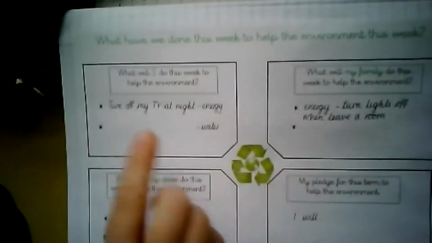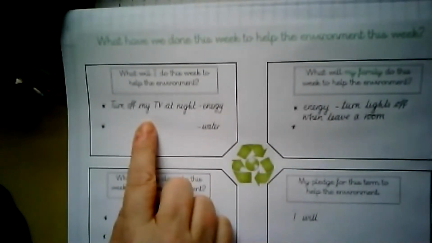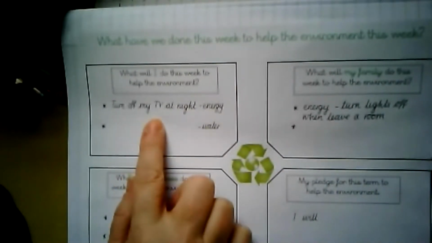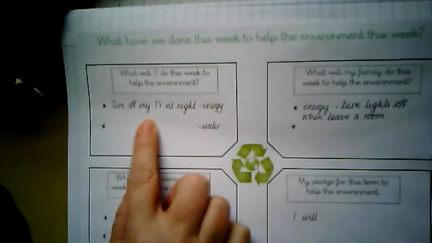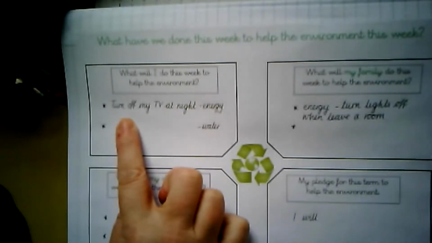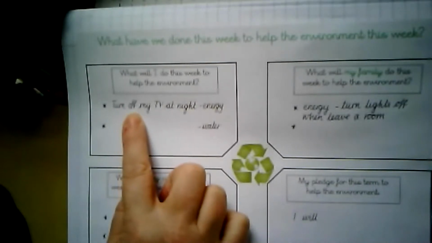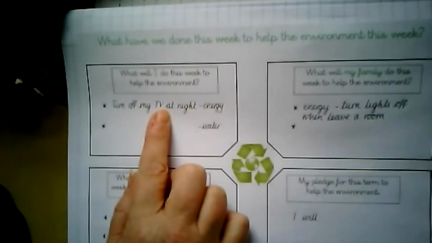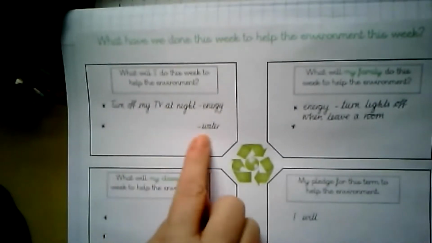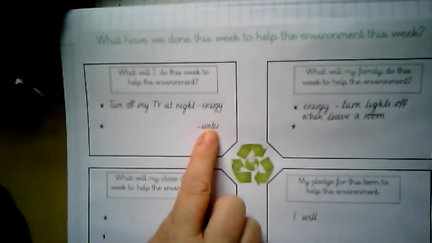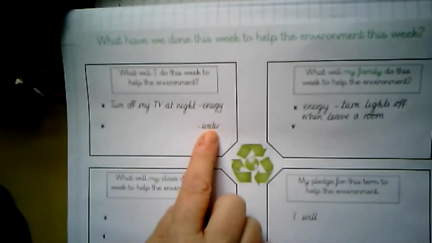So what I'm going to do this week to help the environment. Well, one of the things to save energy is to turn my television off at night, at the plug. That will help save energy rather than leaving it on standby. There might be one that I could do to save water. I'm not going to write that down, but maybe you can think of one: how can you save water this week?